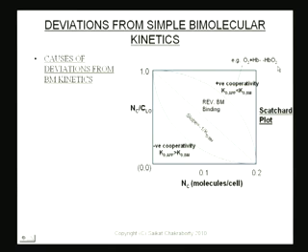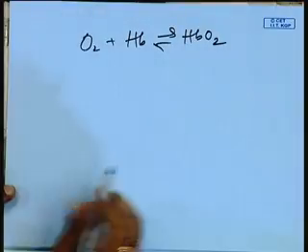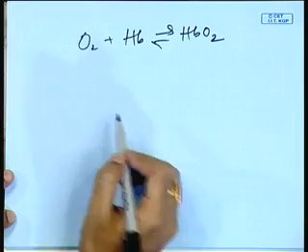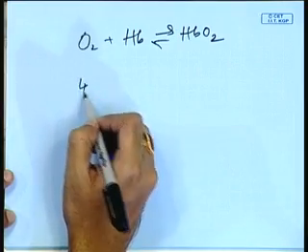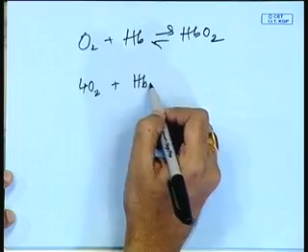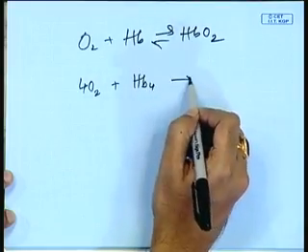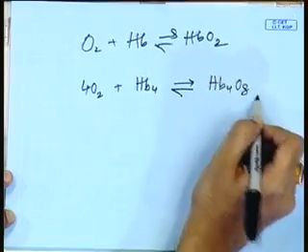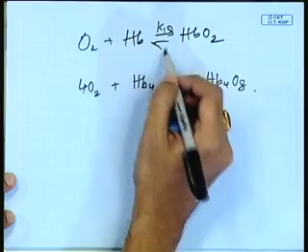And in an earlier course, we had studied this, if you remember: oxygen plus hemoglobin gives HbO2. And what we figured is that one can assume it to be 4O2 plus Hb4, because hemoglobin comes as a molecule of 4, giving Hb4O8, with rate constants K1 and K minus 1.